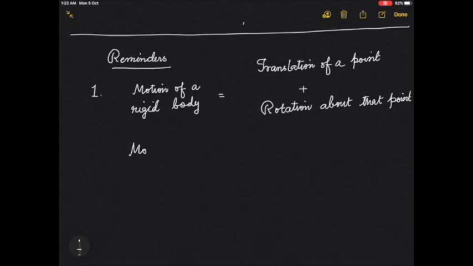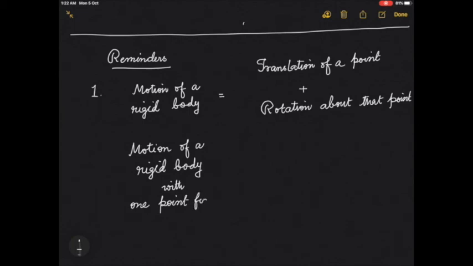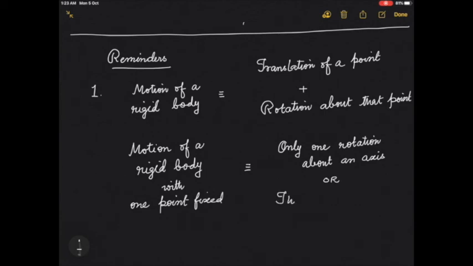And Euler's theorem told us that motion of a rigid body with one point fixed is only one rotation about an axis, or I can think of three rotations.